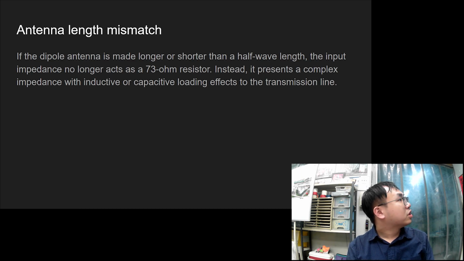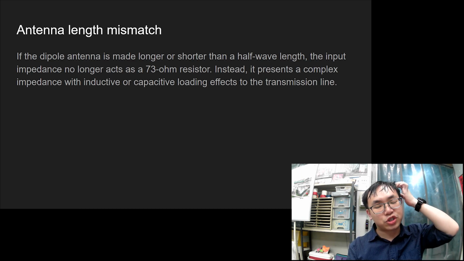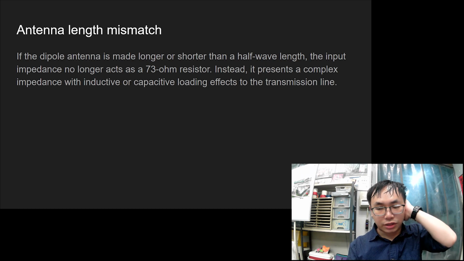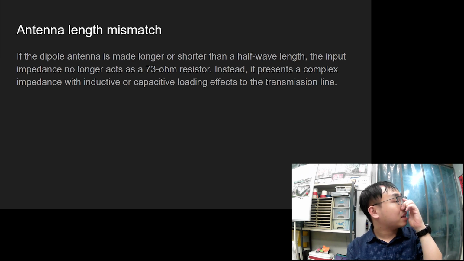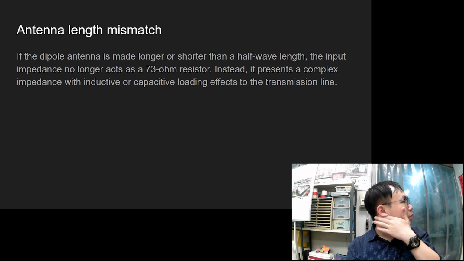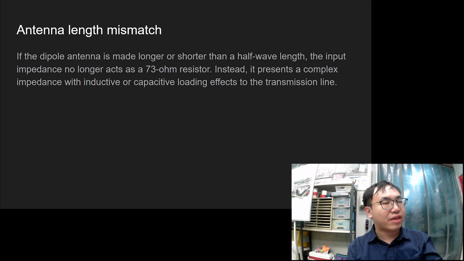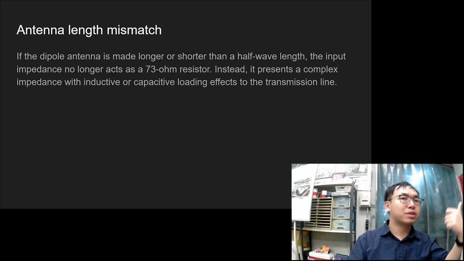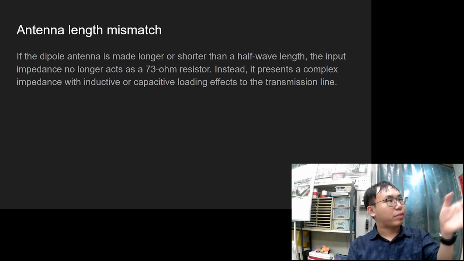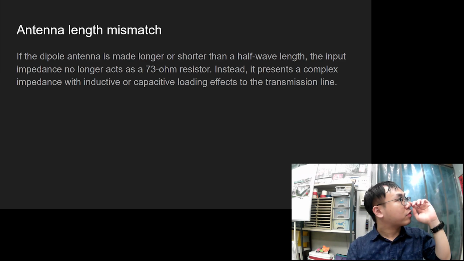Antenna length mismatch. I found this description in the textbook. The dipole antenna should be exactly a half wavelength dipole antenna, and the characteristic impedance of the dipole antenna is 73 ohms, but in some textbooks they say 72 ohms. Never mind, both of them are acceptable.